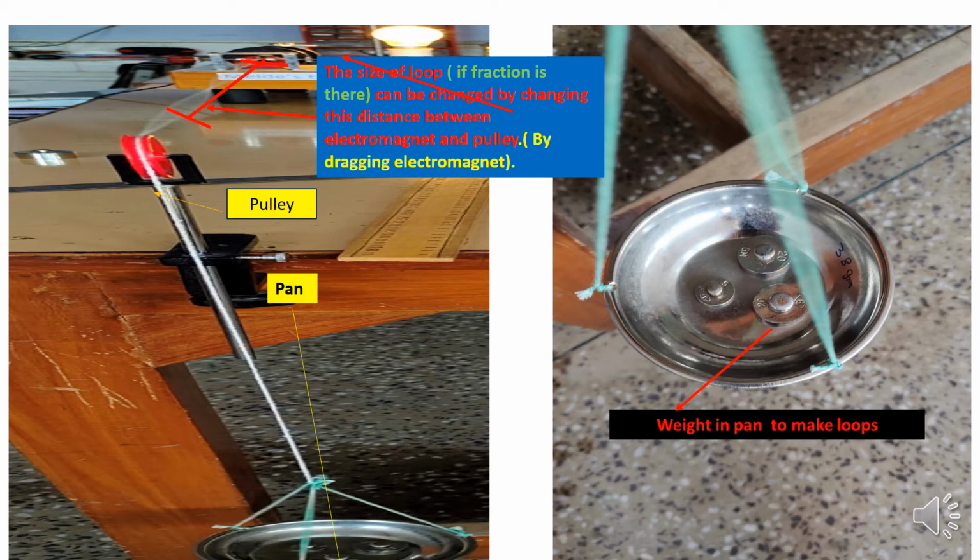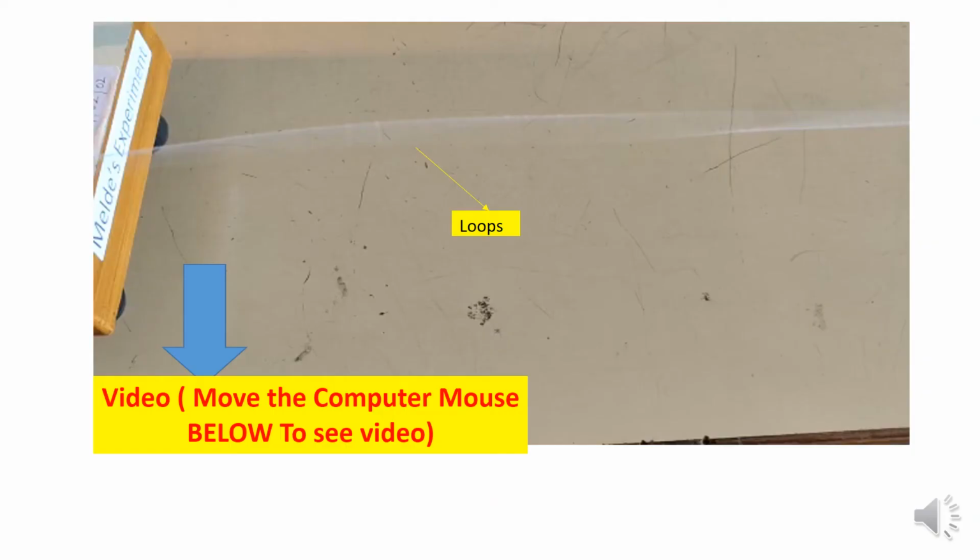These are the weights which will be added in the pan so that loops are formed. Now this is the video showing how the loops will appear in the case of this transverse mode.